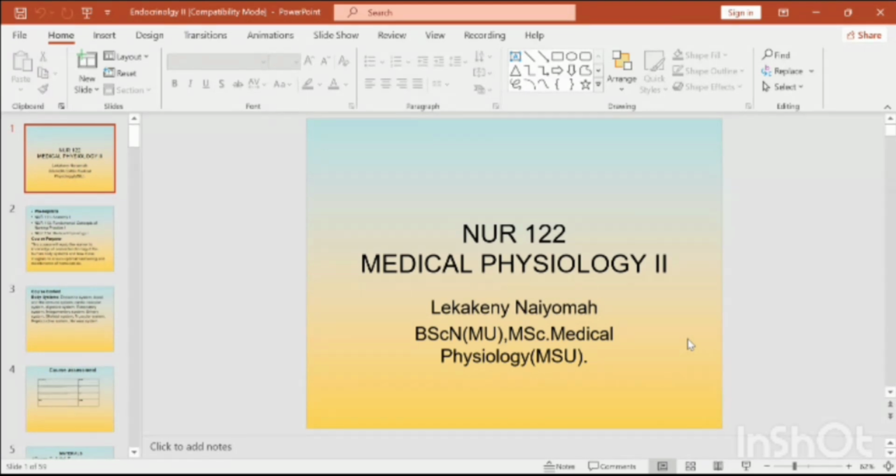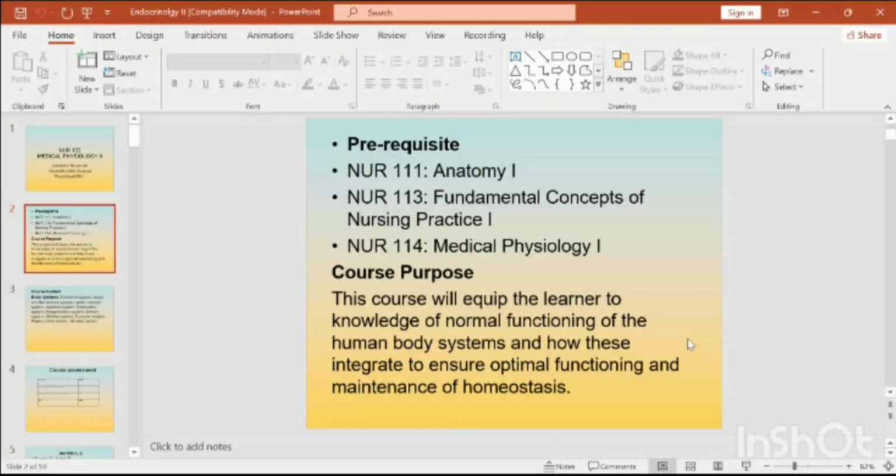One person to confirm, Tunaona, whether you're able to see the slides. Yes, we can see them.